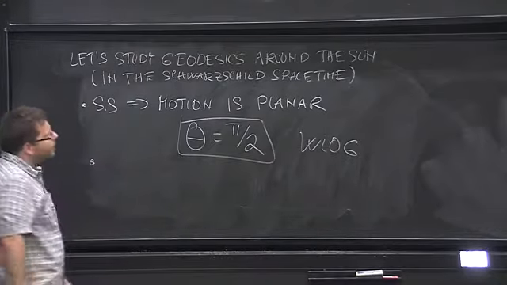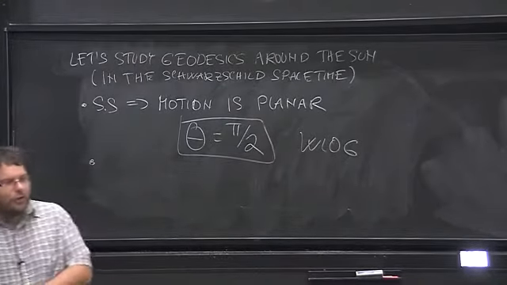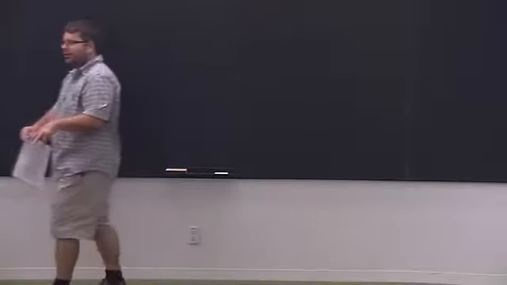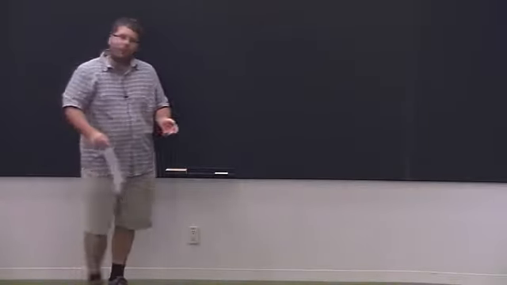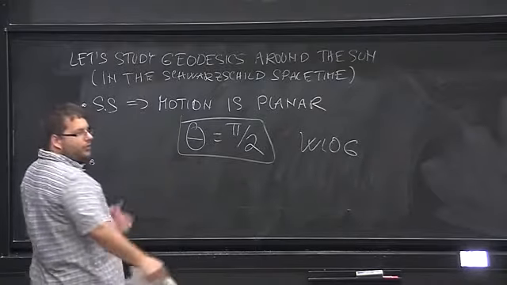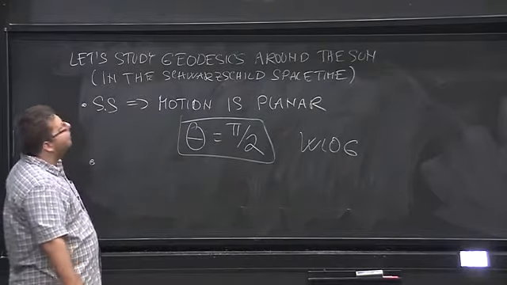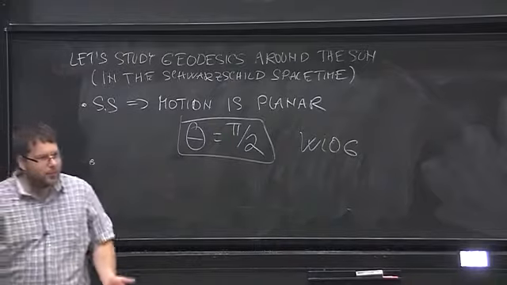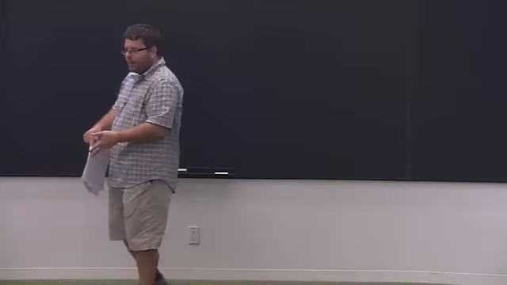Now the next step is, okay, you could write down the geodesic equations and try to solve them. But in fact, you can take a shortcut, and that is to use the integrals of motion. Now the space-time is static, and so there should be the corresponding conserved energy.